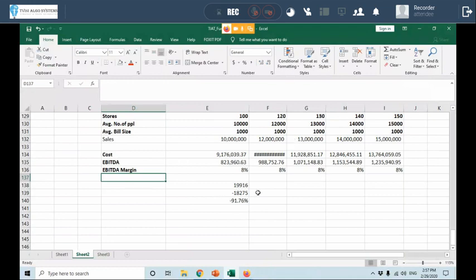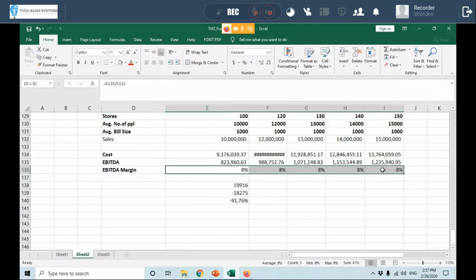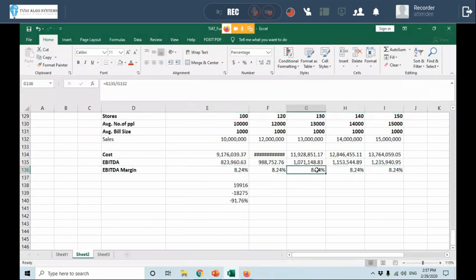Right now in my model, I am not using any growth, but definitely the company will grow. Margins are expected to grow. Whenever you look at margins, whenever you see an industry, you know what the margins in the industry are and what kind of growth you can expect.